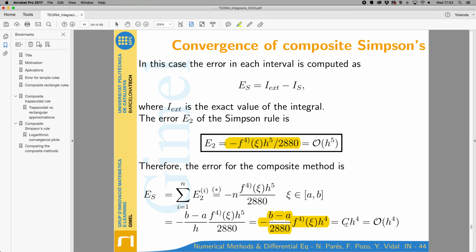And what we can see here is that in this case, we have a fourth order method. So this is a very fast convergence. When h goes down to 0, my integration error will go down to 0 as h to the power 4, which is much, much faster than quadratic and, of course, than linear.